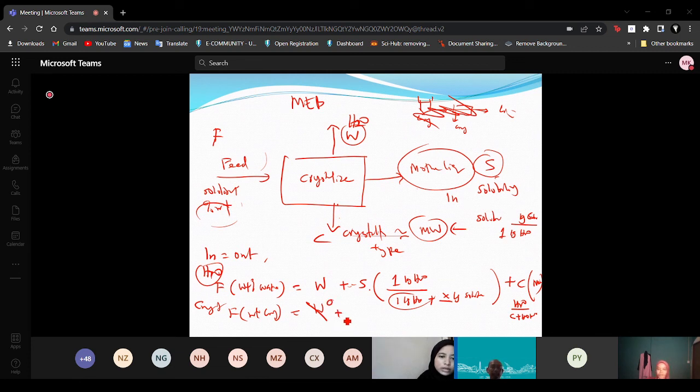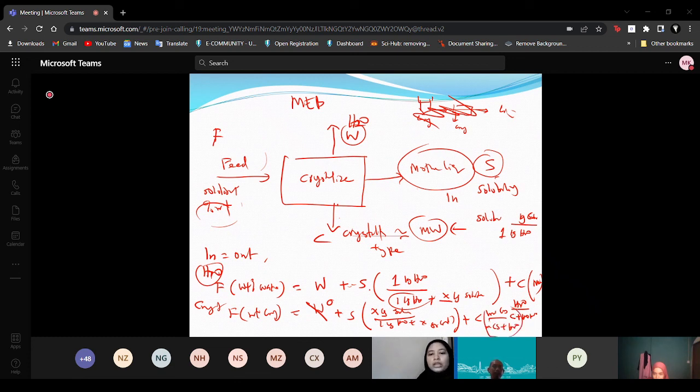Plus S, which is X kilo of solute over 1 kilo H2O plus X kilo of solute, giving the crystal mass balance, plus C times the molecular weight of crystal divided by the molecular weight of crystal plus H2O.